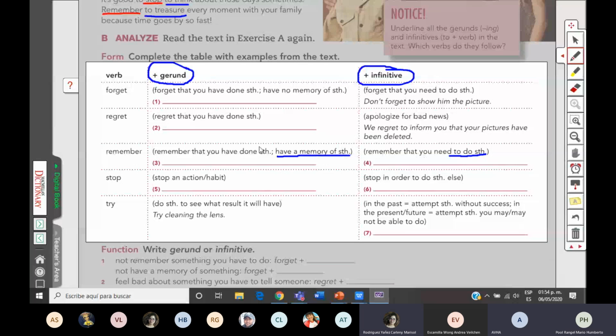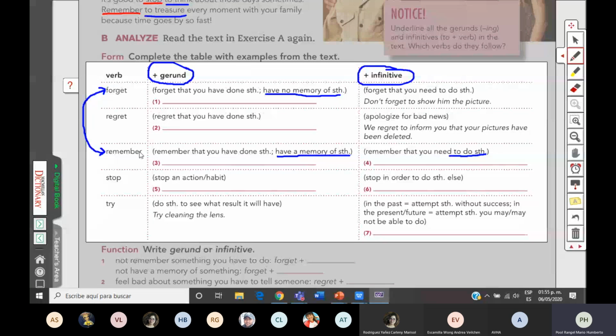Entonces, y ahora, les digo estos dos primero porque son los con los que nos podemos confundir. Forget y remember, they have something similar. When I use forget with gerund, is because I have no memory of something. Okay? Like, well, I remember going to the party.